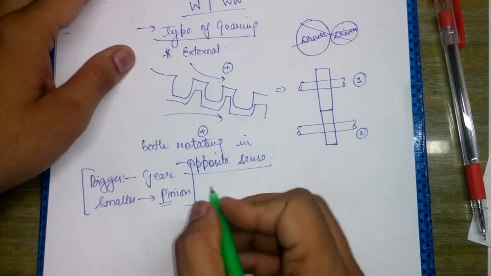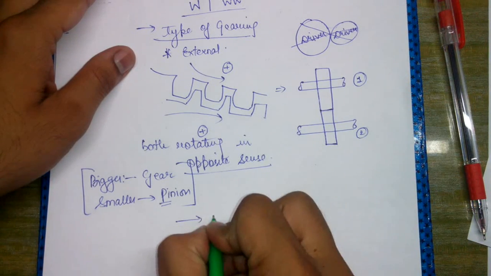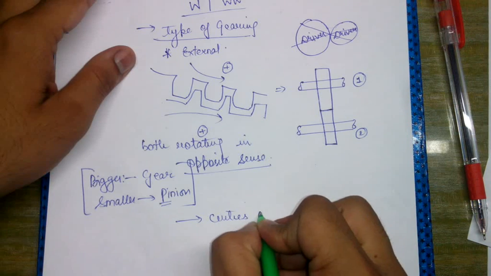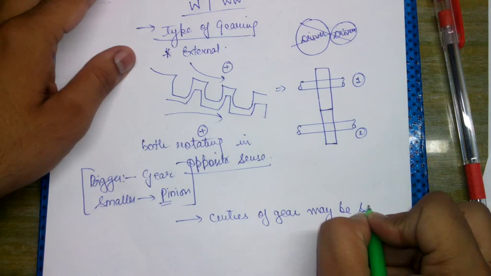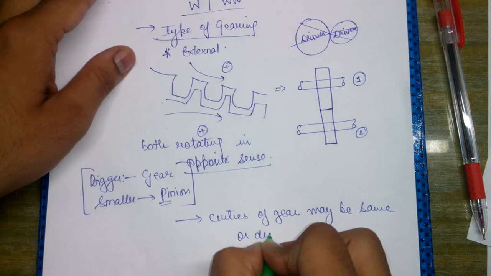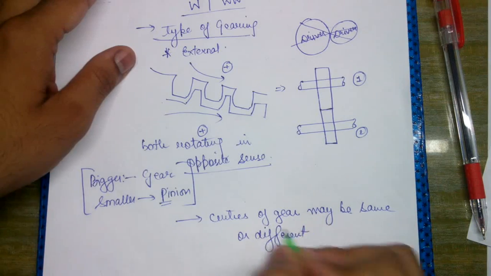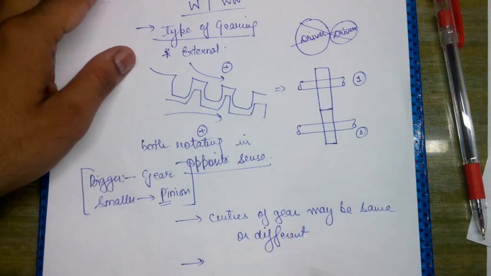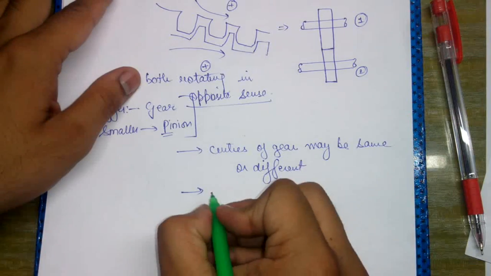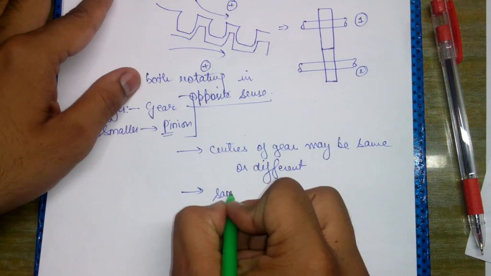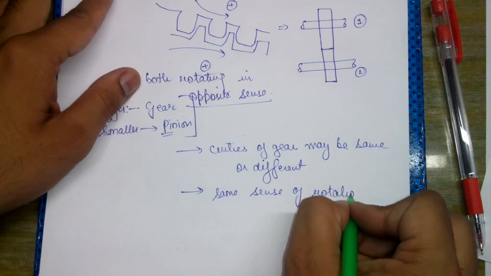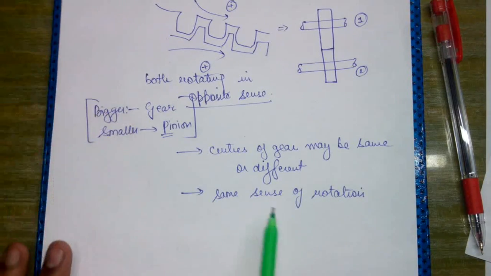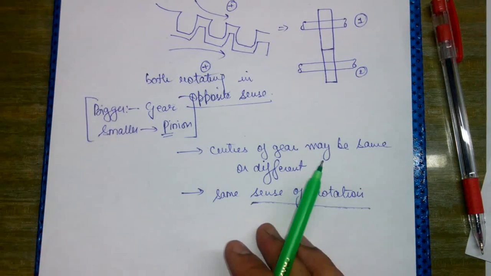Now we come to the internal gearing, and in case of the internal gearing the centers of the gear may be same और डिफरेंट. हो सकता है कि दोनों के सेंटर जो हो सेम भी हो सकते हैं या डिफरेंट भी हो सकते हैं. The other important feature of internal gearing is that both will rotate in the same sense of rotation. Okay, so in case of the internal gearing, the sense of rotation would be same, whereas for external gearing, the sense of rotation would be different.